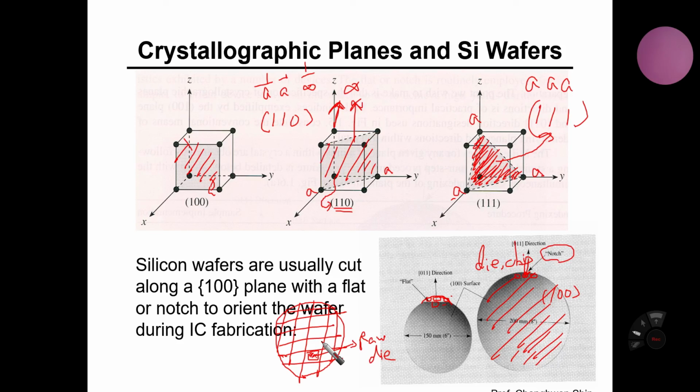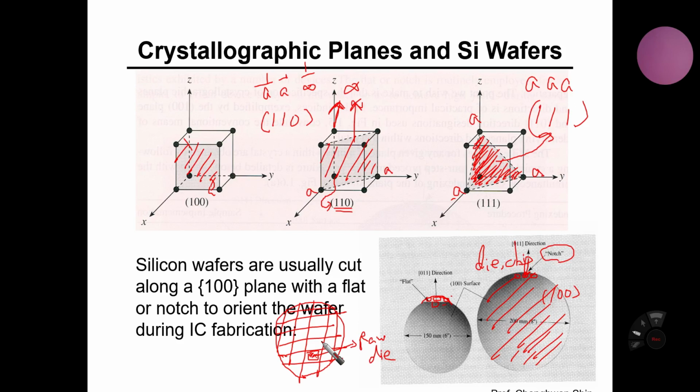To reduce the cost, fabrication process engineers prefer to have many more raw dies from a single wafer. So what is the way to increase the total number of raw dies? Well, the simple idea is to enlarge the diameter of the silicon wafer.